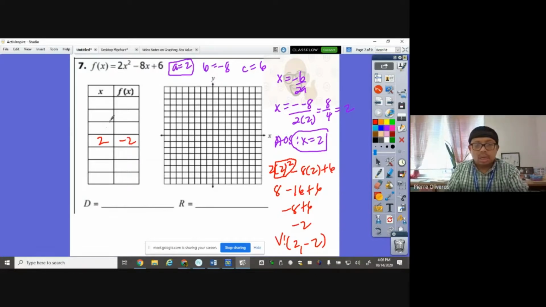So I'll put 2 comma negative 2. I'll pick numbers on the left and right of 2. So 1, 0, negative 1. This is 3, 4, and 5. All right. So let me erase this portion now.